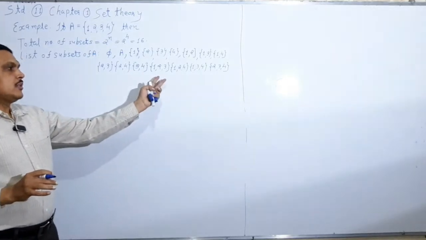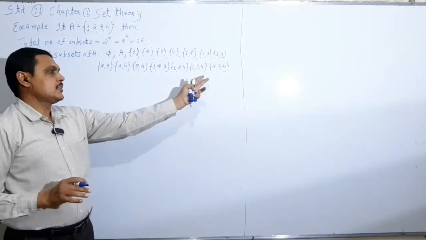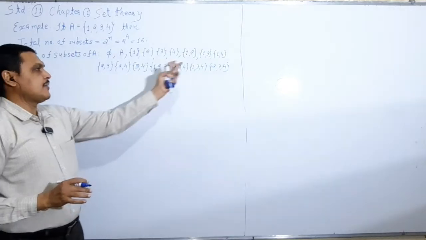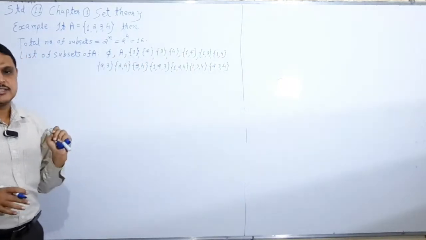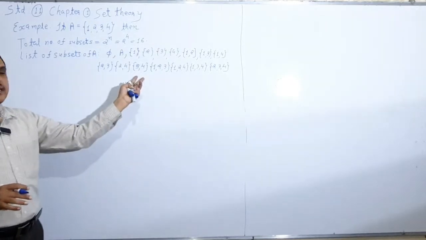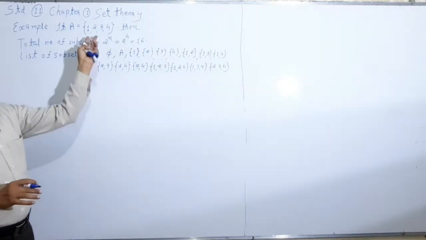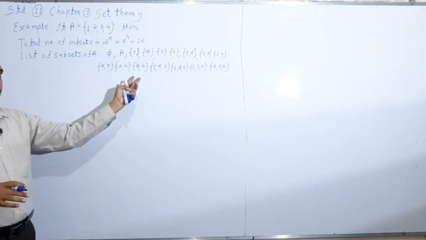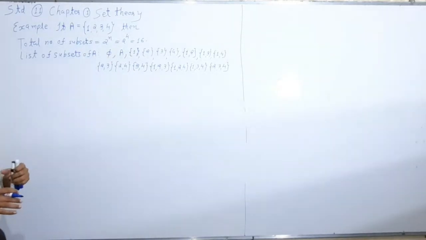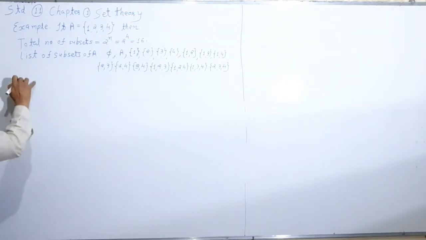If we count all these subsets, 4 plus 3 is 7, plus 3 is 10, plus 4 is 14, plus 2 is 16. Now these 16 are the subsets of a given set A. So in this way you can write subsets of any given set.